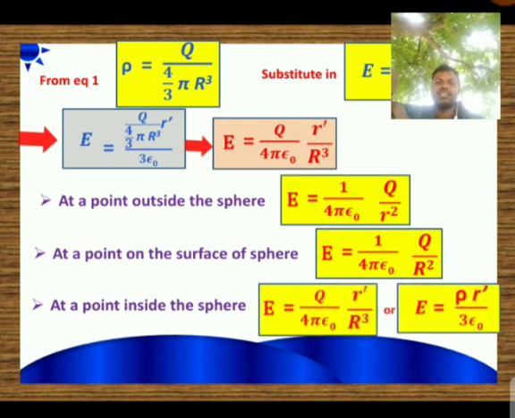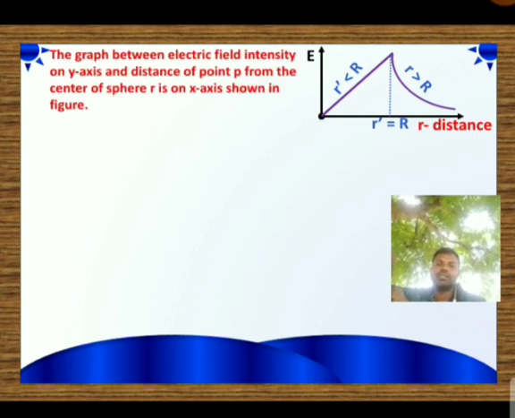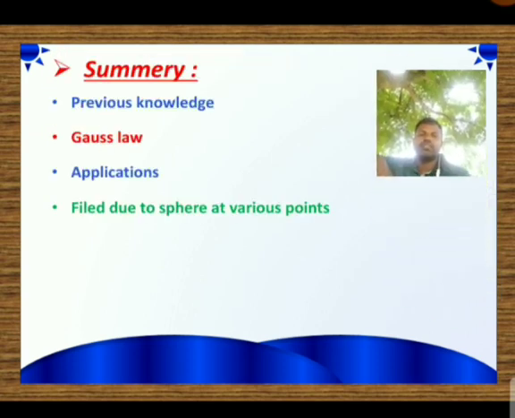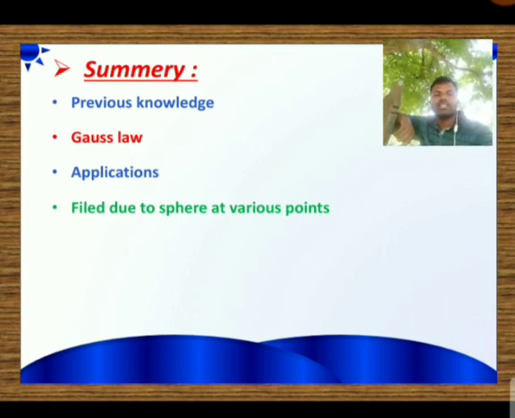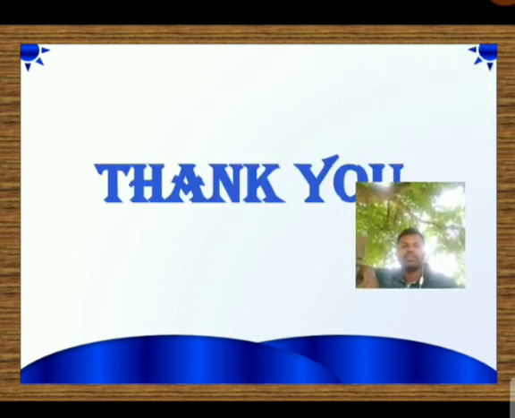This is what we derived, and also we have drawn a graph between them. Finally, summary. I have discussed electric field and electric flux and Gauss theorem and its applications to find the electric field intensity due to a sphere, right?